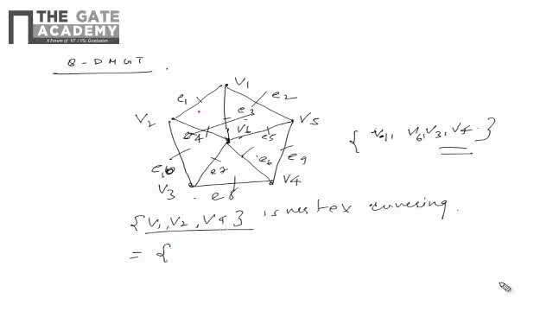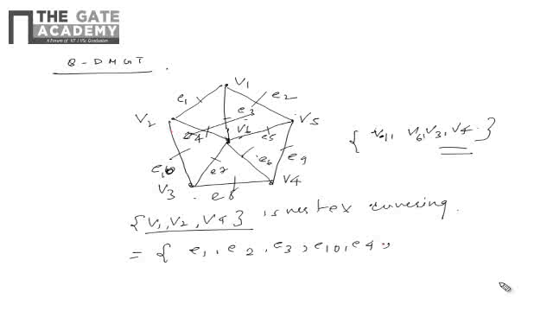Because it is v1, it will cover e1, e2 and e3. Now taking v2, v2 will cover e10 and e4, because these are incident.